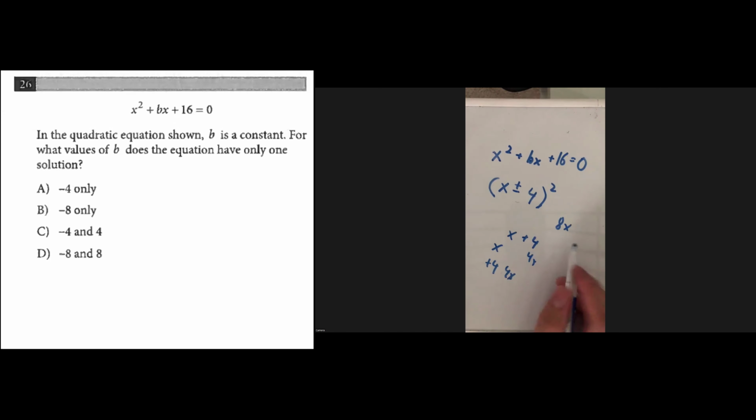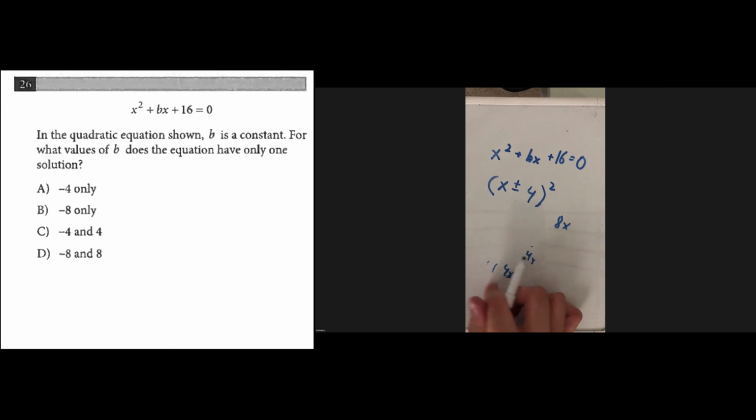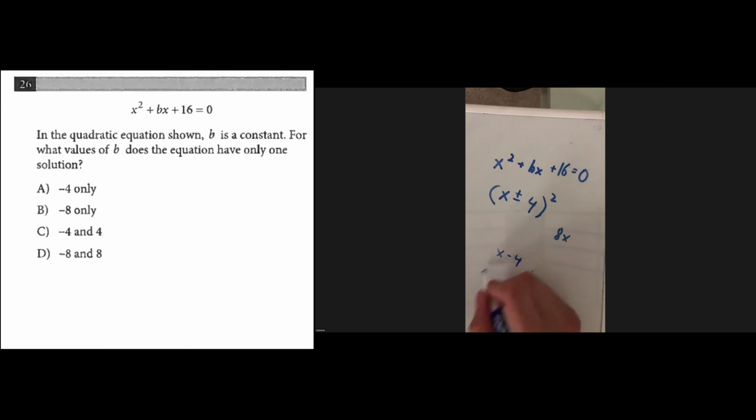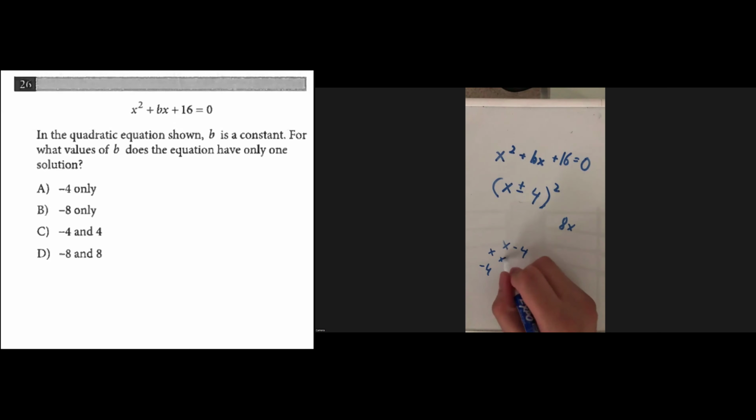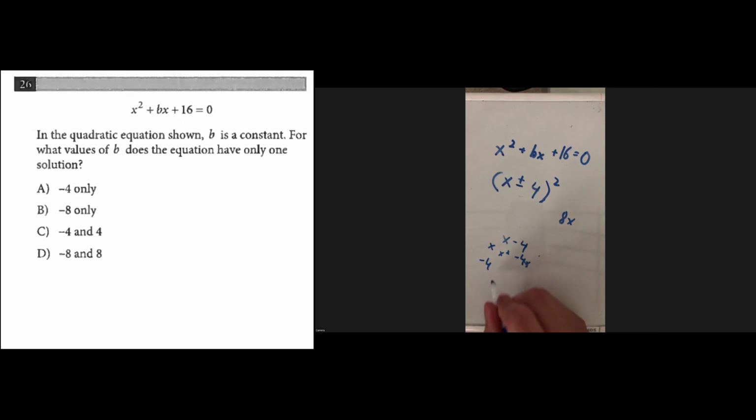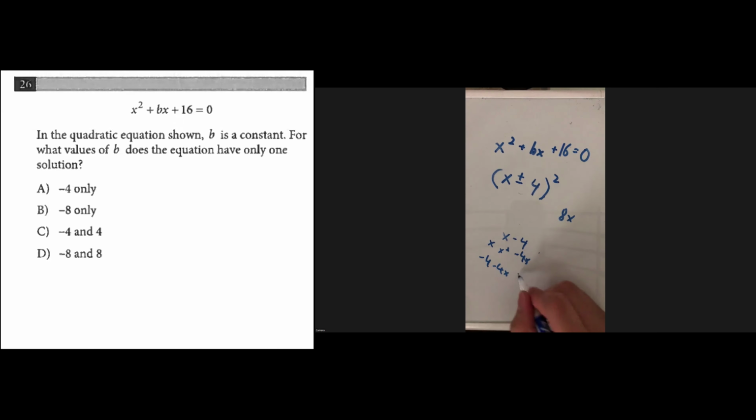So b of x could be 8x, and for our other solution, it could also be x minus 4, so x minus 4 times x minus 4 gets us x squared, negative 4x, and positive 16. So negative 4x plus negative 4x is negative 8x. So b could be positive 8 and negative 8, which is answer choice D.